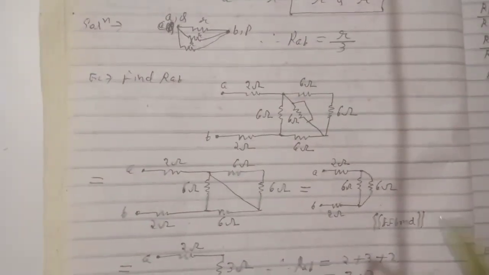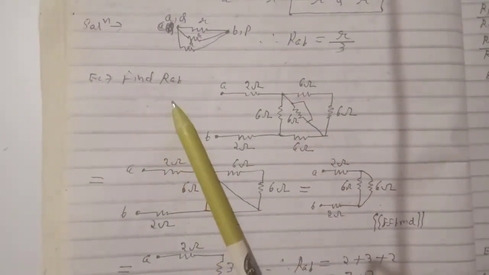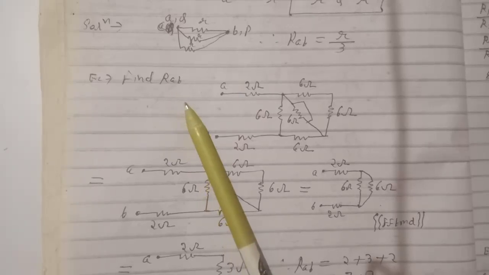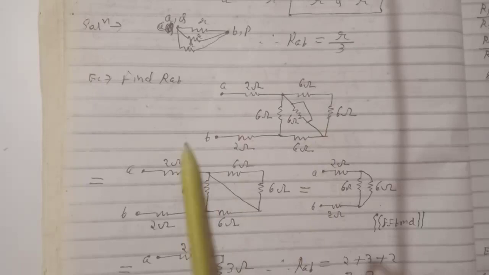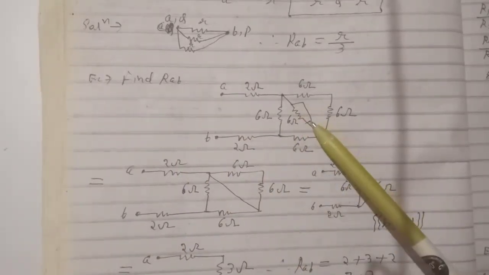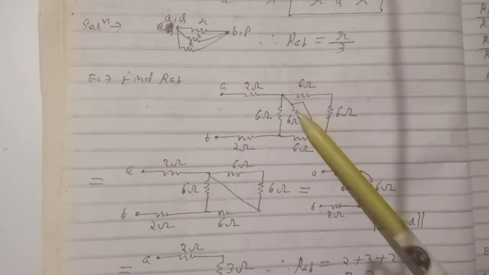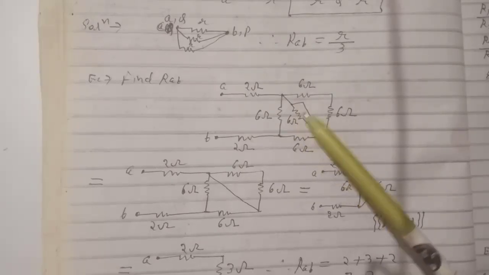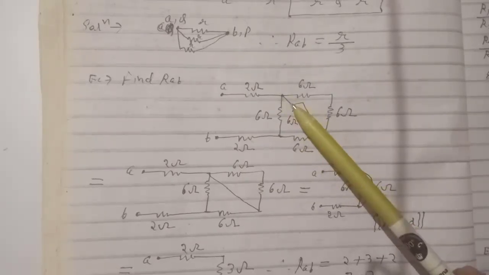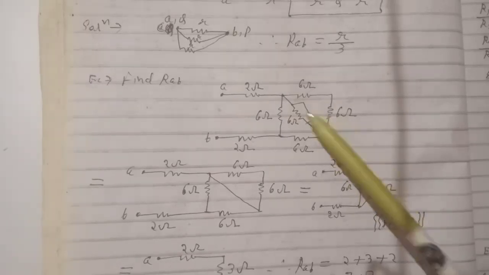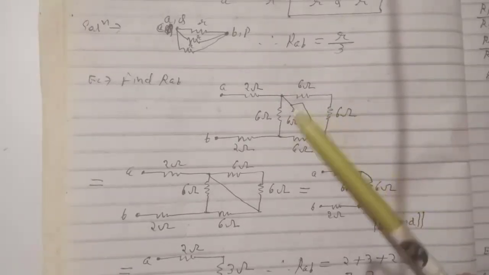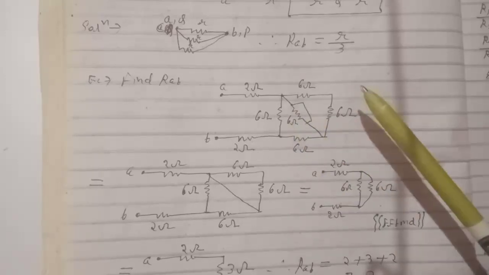In the next problem, find RAB. Again we have to find the equivalent resistance between point A and B. The circuit diagram is shown here, and here it is short circuited. So this resistor will be of no use, that is all current is passing through this like this. So this can be removed because it is not dropping any potential.